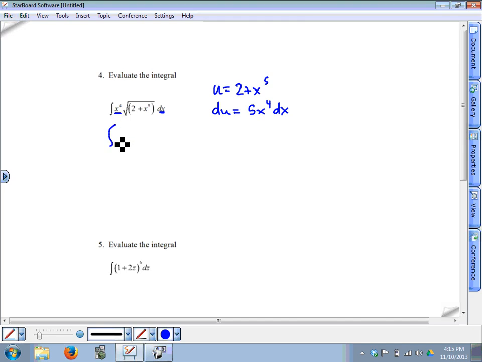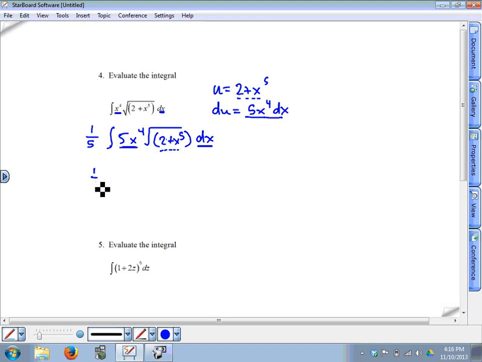So what we need to do is multiply the integrand by 5, and then to balance it back out, we can multiply the outside by 1/5. So now we have this 5x to the fourth dx right here, so we can replace that with du. This term can be replaced with u right here.